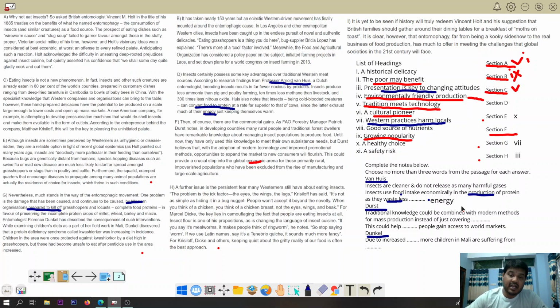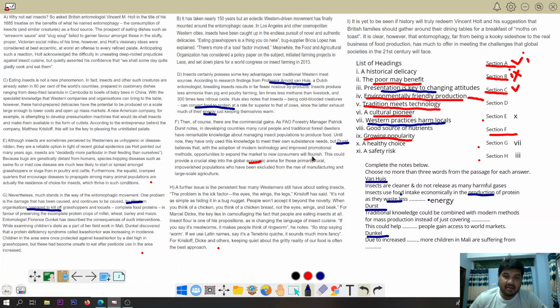Now the next question that we have is about Durst. Again, I think we have read about Durst somewhere here. So let's just go below. As we know, the answers most likely might be below, or we can just scan for the word. So again, looking through the passage here, we find the word Durst.